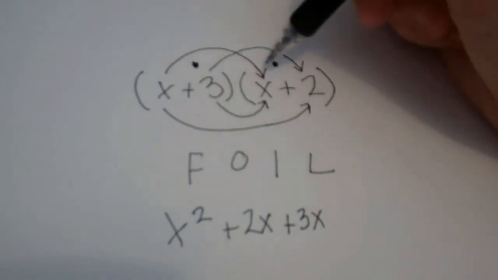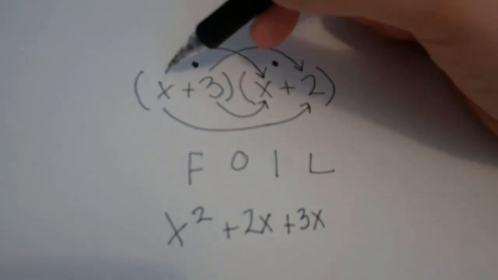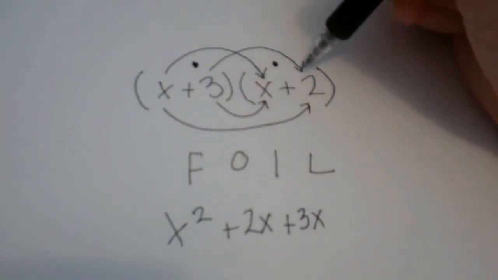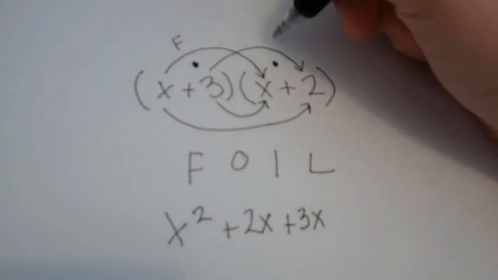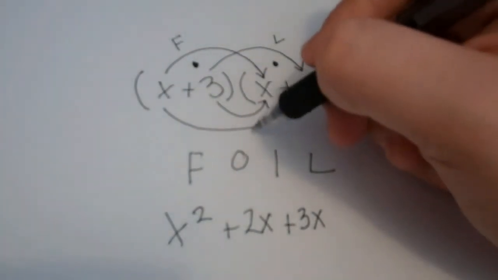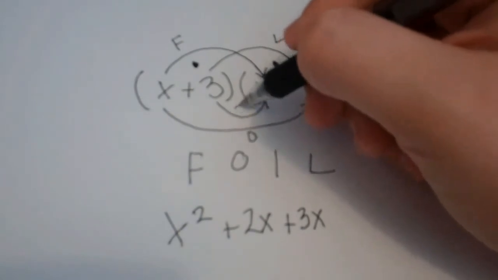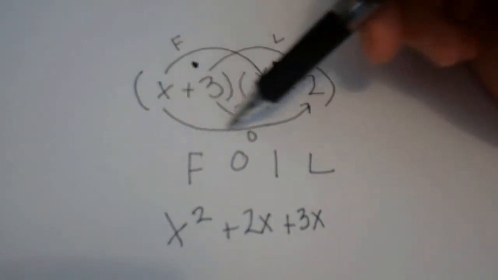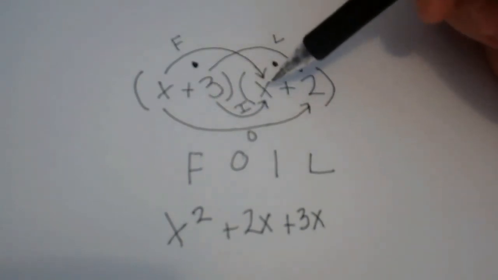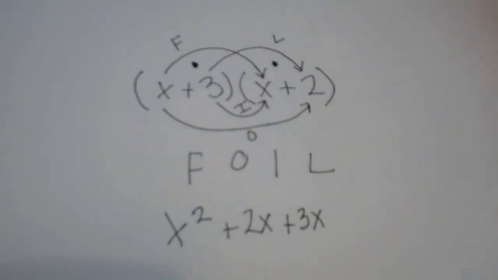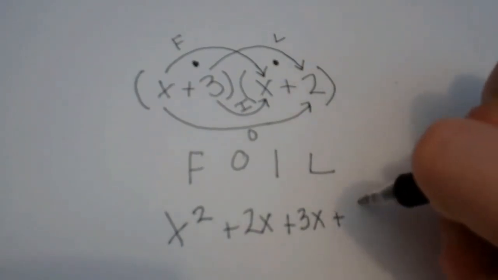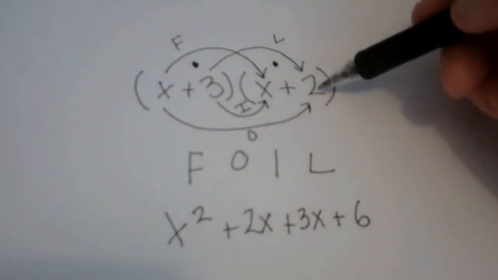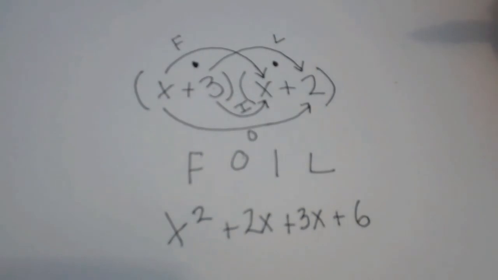Notice that Mr. Foil's eyes are represented by the first and the last combination, and the outer and inner combinations are the combination of the other two multiplications, our x times positive 2 and positive 3 times x. Notice the face of Mr. Foil.